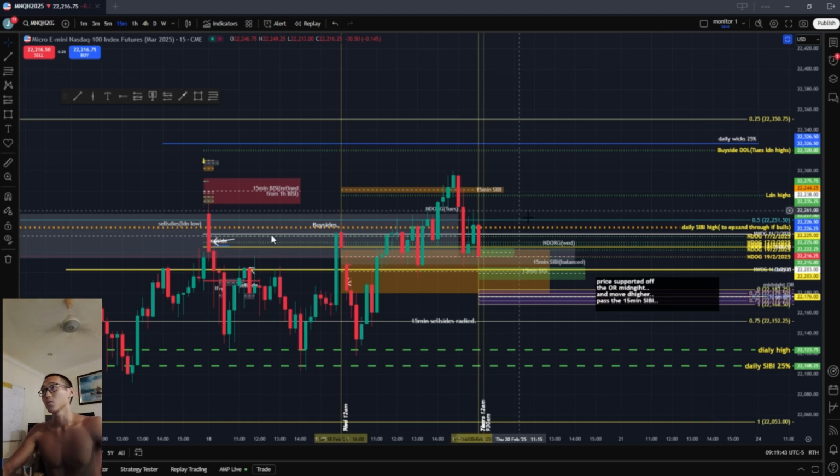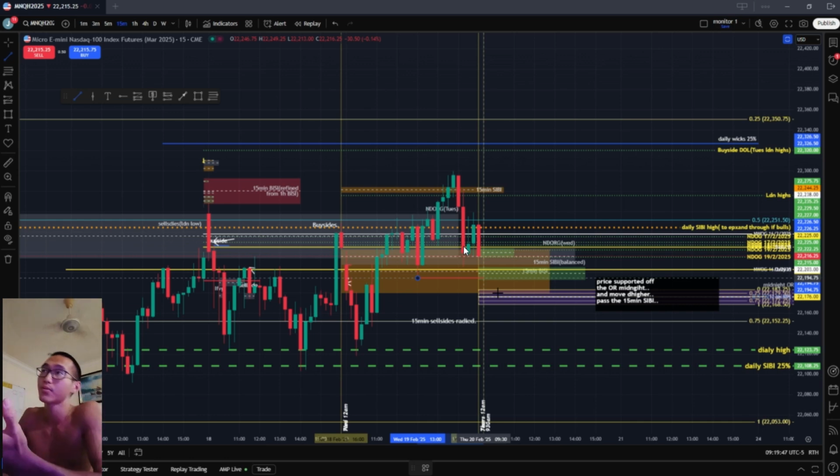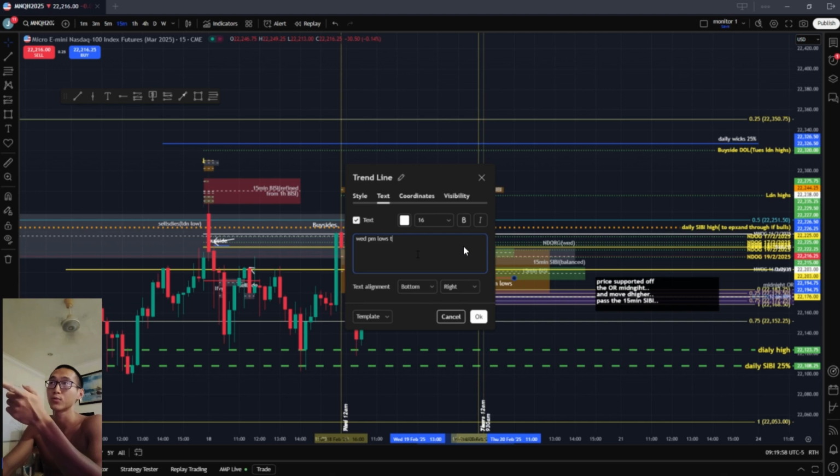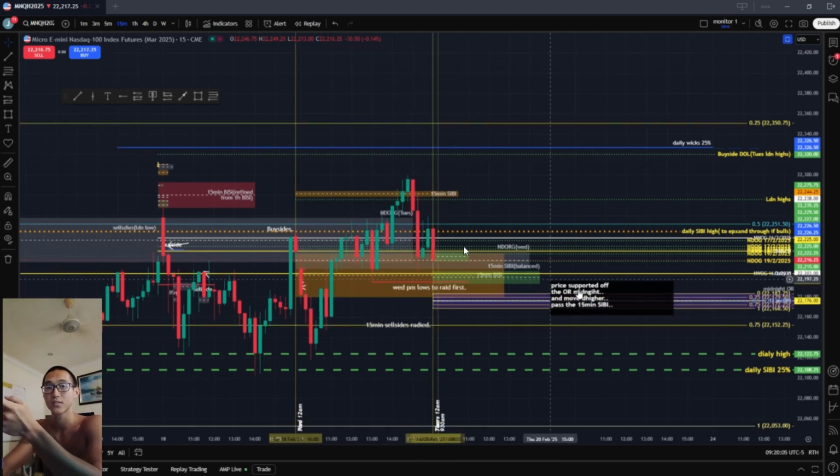So you can see from the regular trading hours point of view, buy side is taken, and then we move above buy side from the swing high and start moving lower. So actually price is at Wednesday PM low, so I was looking for price to get down below the Wednesday PM low, to raid the sell side first in order for price to continue higher.